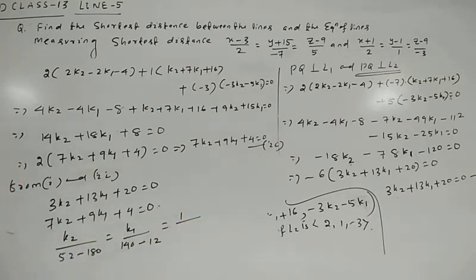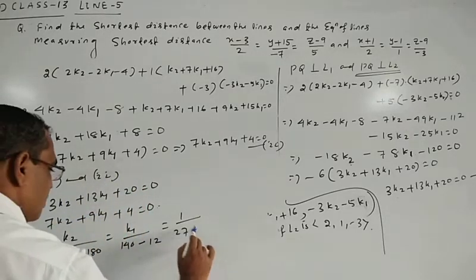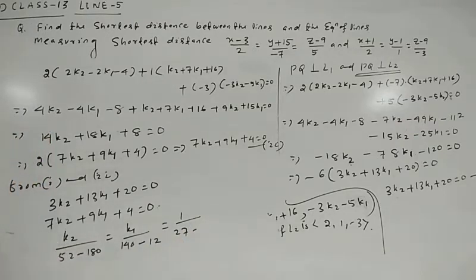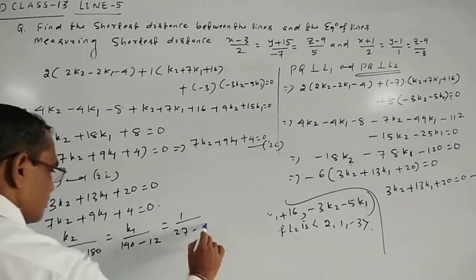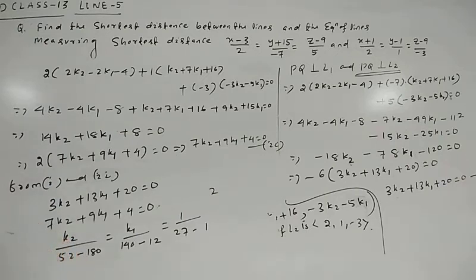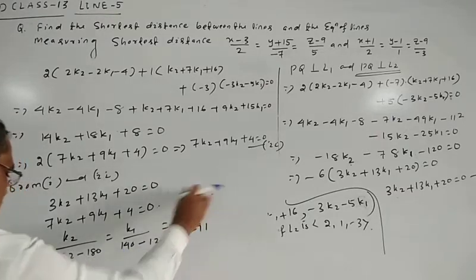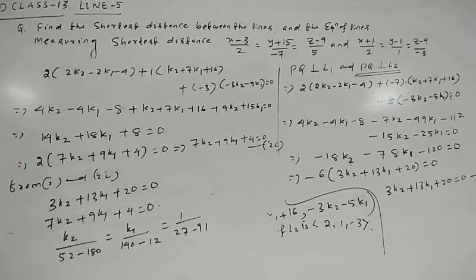So 1 by 3 into 9 27 minus 13 into 7 91. That implies K2 by 52 minus 180, so this is equal to 180 minus 52.